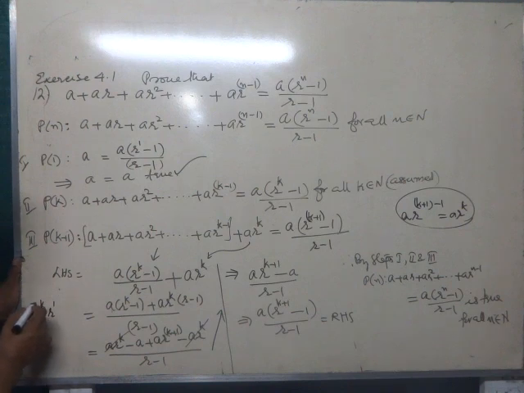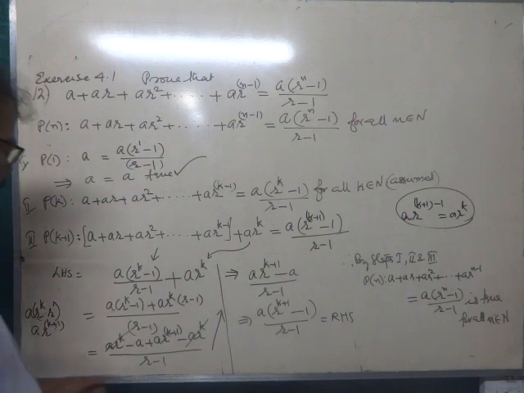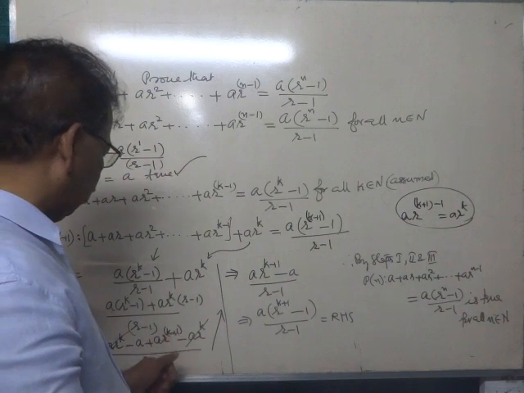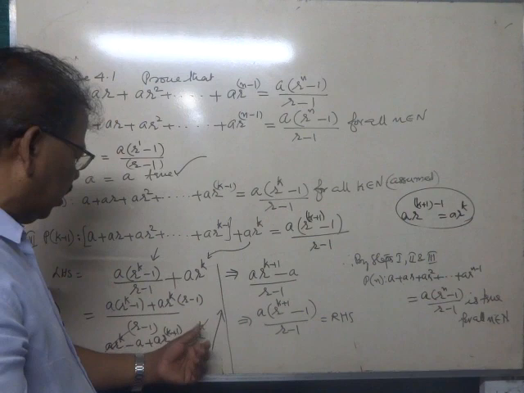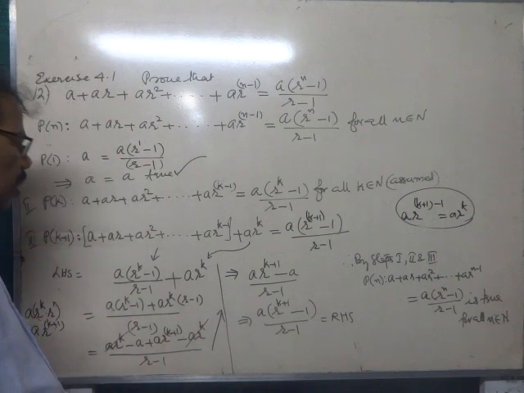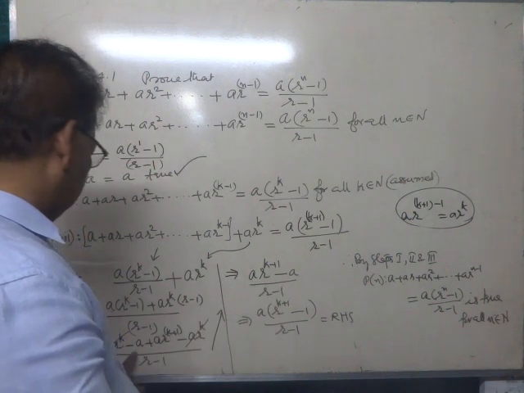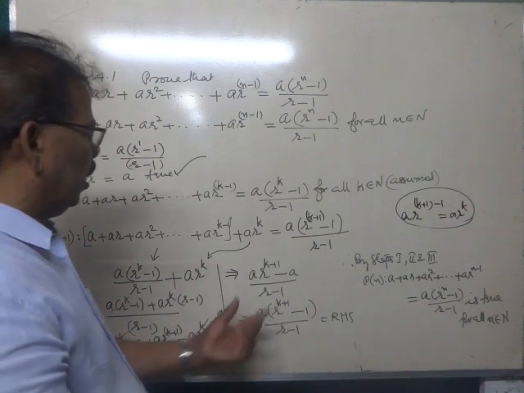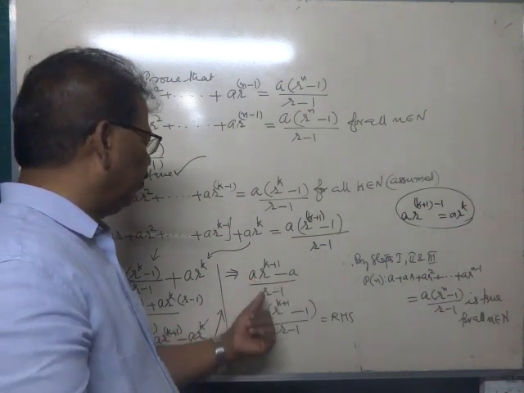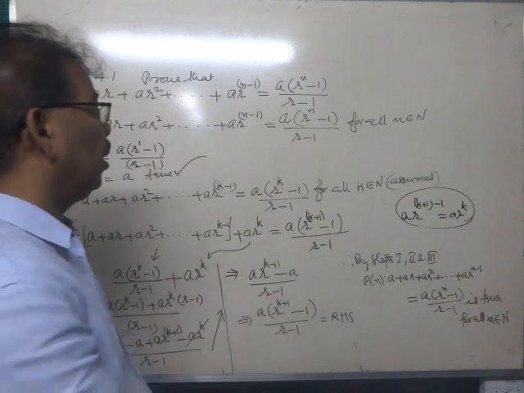So this can be written as a r raised to k plus 1. A r raised to k and minus a r raised to k, they got cancelled. Remaining is a into r raised to k plus 1 minus a by r minus 1. Now a is common, a into r raised to k plus 1 minus 1 divided by r minus 1. That is what we require.